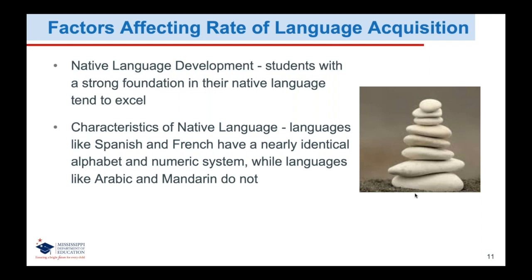They even read from, like Arabic, they read from right to left. So it's a very different set of skills that they have to learn. So that may affect the rate of second language acquisition.